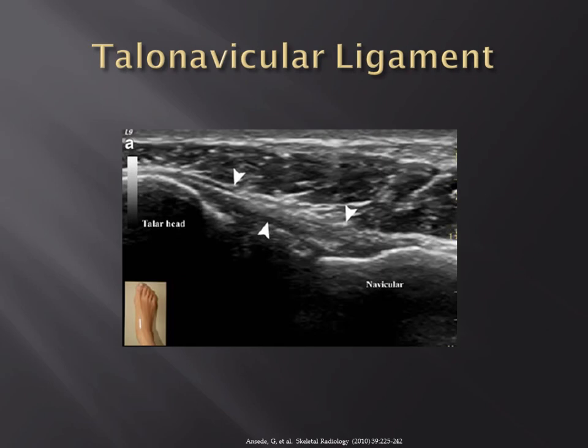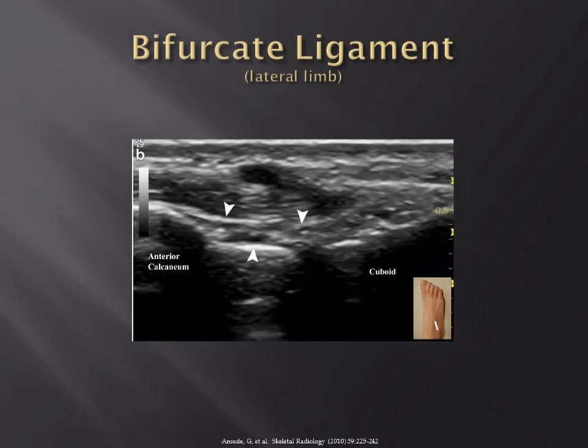Talonavicular ligament, again, the image demonstrates the transducer position over the dorsal aspect of this ligament from the talar head to the navicular, again demonstrated well with ultrasound. And the lateral limb of the bifurcate ligament from the calcaneus to the cuboid, again with the transducer positioned longitudinally over the lateral aspect of the foot, is well demonstrated.